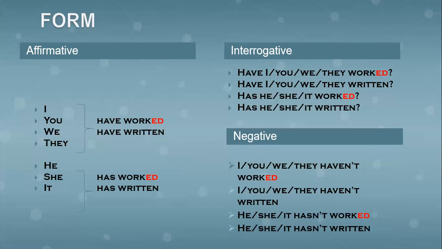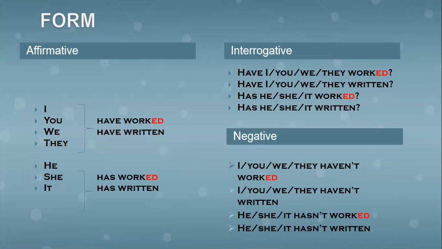So we do understand now that in order to form a proper and correct present perfect sentence, we use which helping verb? Verb to have. We put have or has, depending on the subject. If the subject is singular, he, she, or it, we use has. If the subject is plural or I, we use have. Okay?